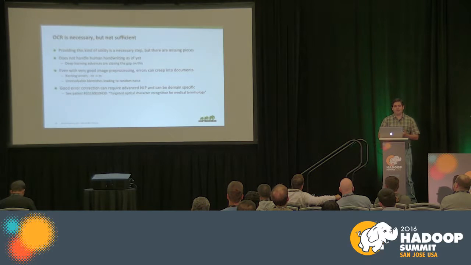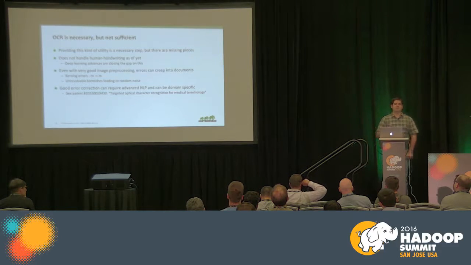But the really bad news is, even with good image preprocessing, errors are going to creep into the documents. And the really bad ones are the kerning errors. These are coherent errors. Like RN looks a lot like M. If my 3-year-old daughter might make this mistake, the computer's definitely going to make the mistake. That's the trick.